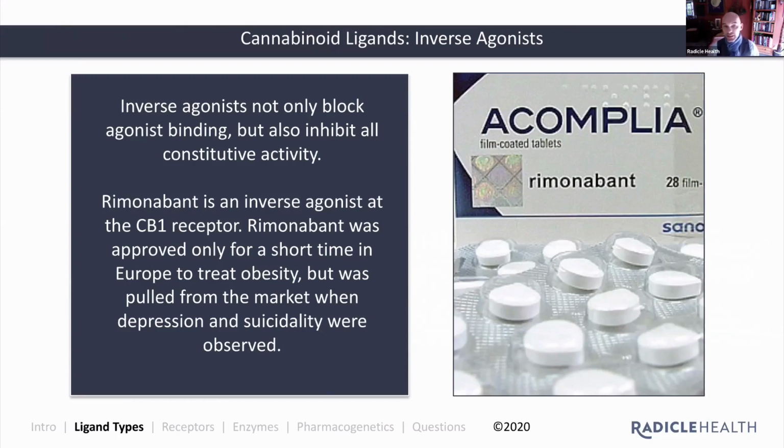It was recalled in 2008 for severe depression and suicidality. What they found is that not only does it control appetite, but it also controls mood. So it's a good example of how these receptors, especially cannabinoid receptors, are not binary, they're not simplistic. You can't simply turn it off and get one effect and turn it on and get some other effect. They're more complex and more nuanced.